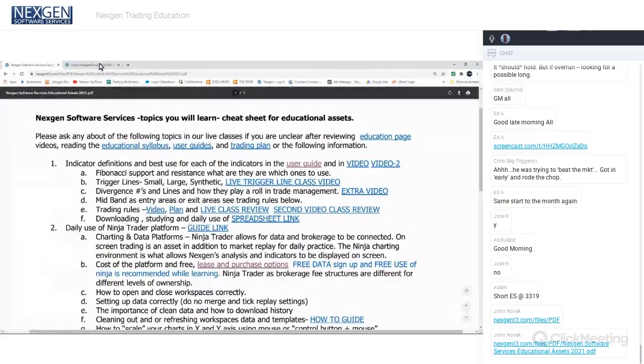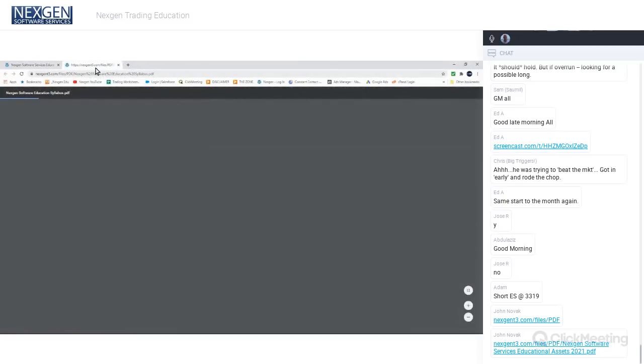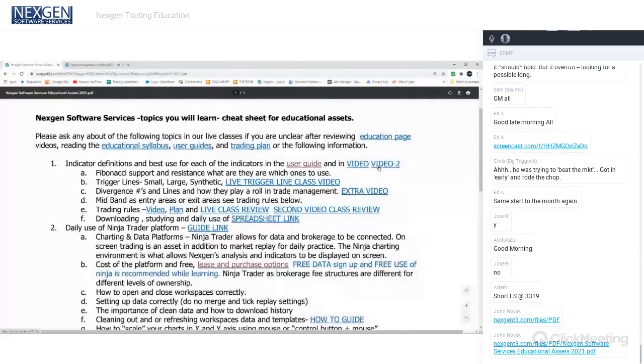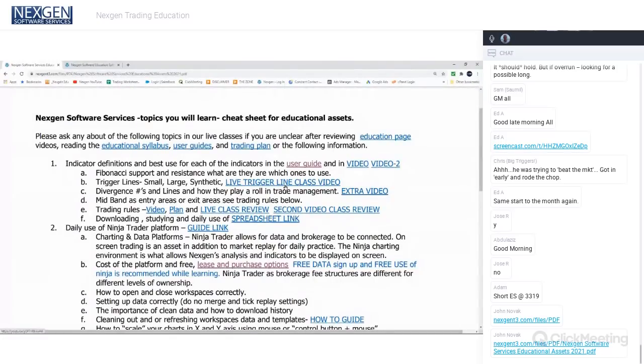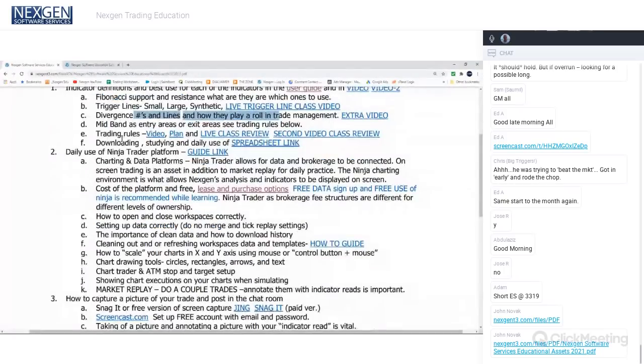So when you guys are going through the syllabus: user guides, trading plans, videos for indicator definitions, a trigger line reading video for the class, which is going to end up being another one. Divergences and management, which is in the plan, and another video for it. Trading plan rules, a video plan, a couple of classes on the rules.